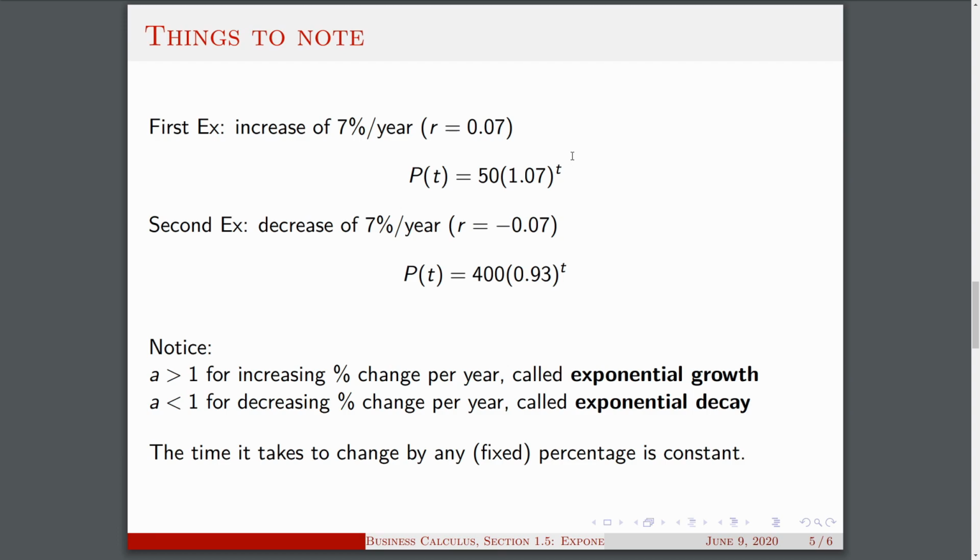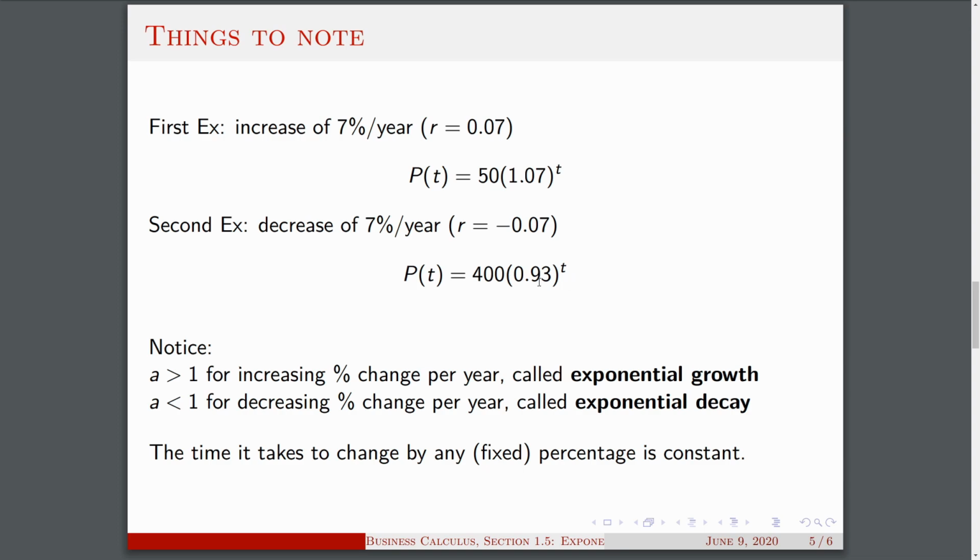That time it takes for the function to double would be the same no matter what amount you start with. If you start with 50 and go to 100, it would take the same length of time, meaning the same distance on the x-axis, to go from 100 to 200, and from 200 to 400, and so forth. That distance that you need to travel in the x direction is the same.